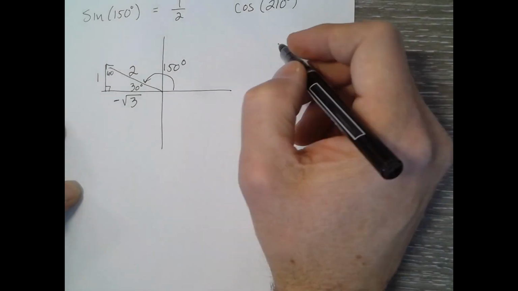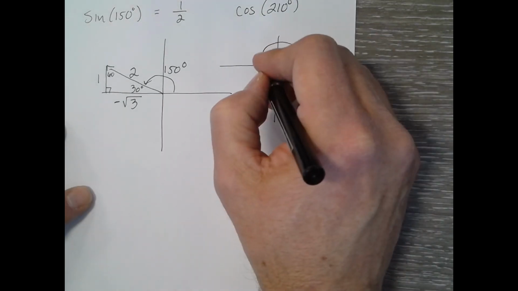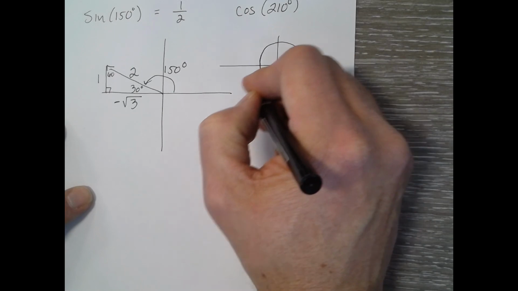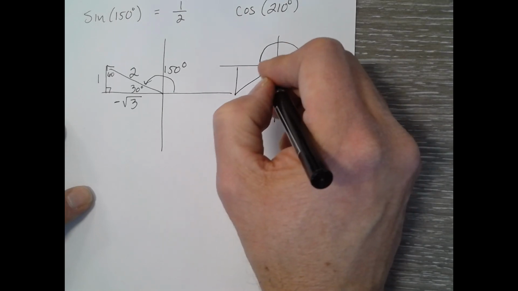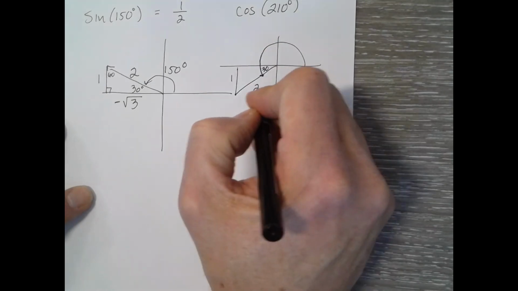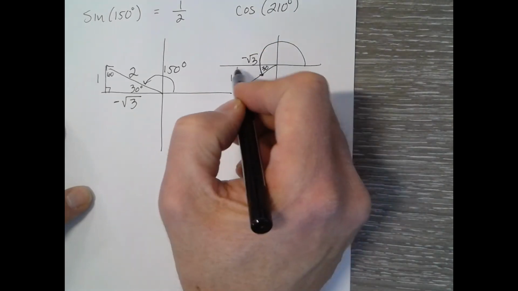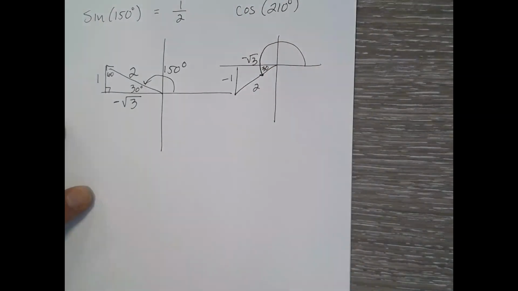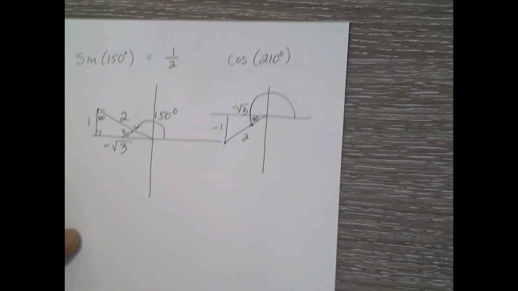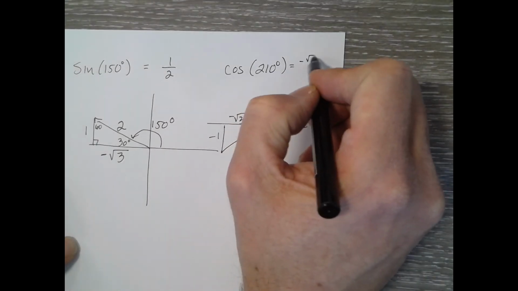I'm running out of time, so I'll just do it for you. 210 degrees is 180 plus another 30. So that's 1, 2, square root of 3. This one is negative because we're going left. This is negative because we're going down. Once the triangle is drawn, I can just look at it. It's adjacent over hypotenuse, so negative square root of 3 over 2.